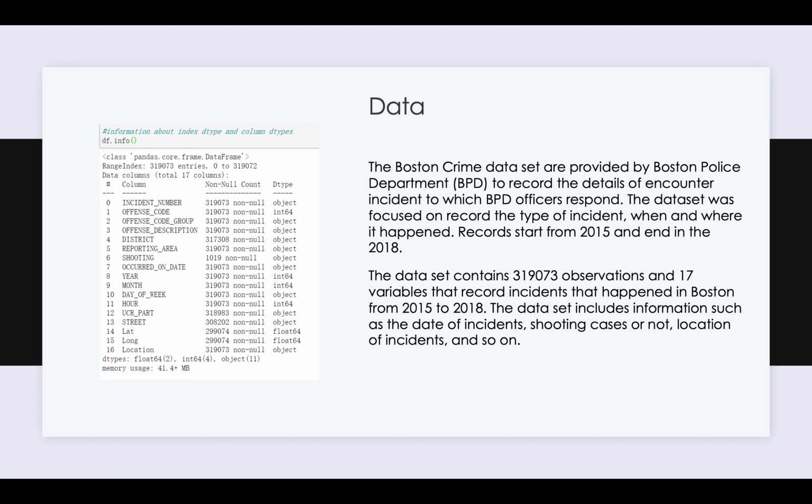The dataset itself is collected by the Boston Police Department in order to record the details of each incident encountered, and it's collected between 2015 and 2018. The dataset contains 17 columns, which record information like the date of the incident, whether the incident involved shooting or not, the location and the time.